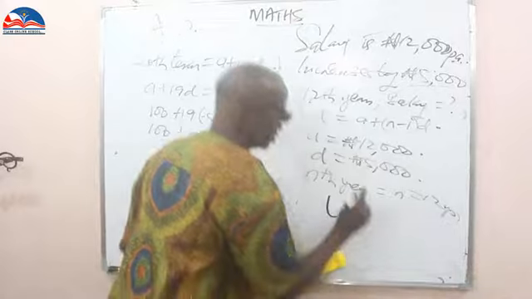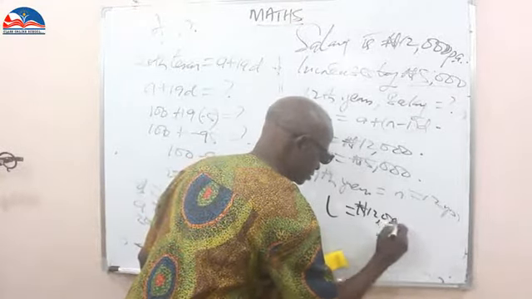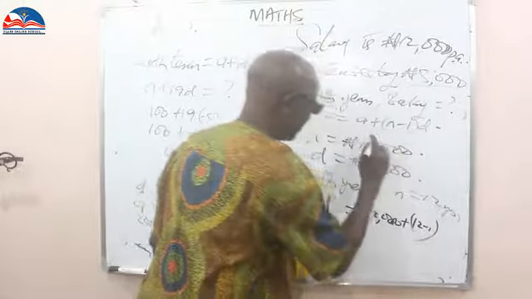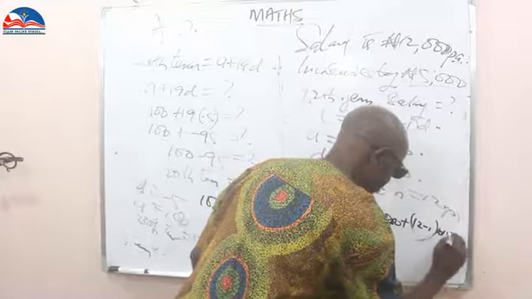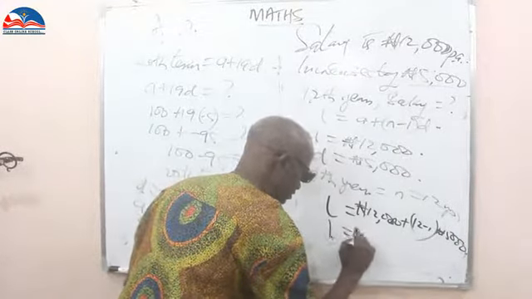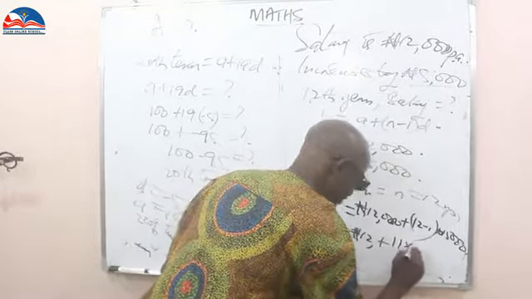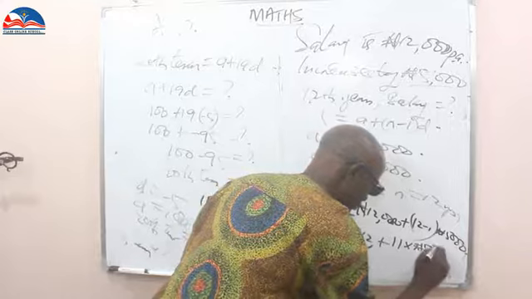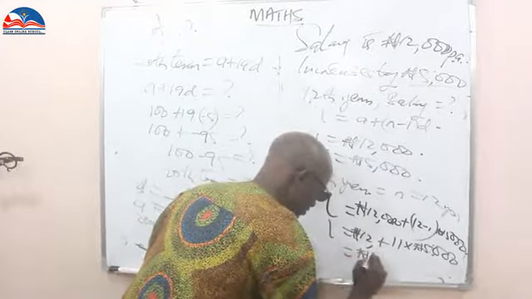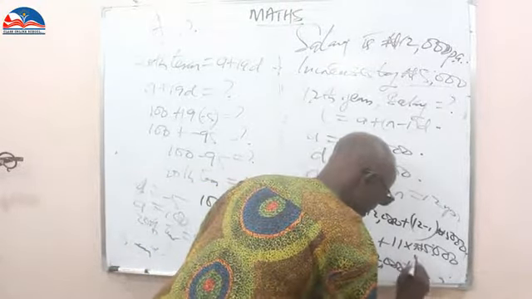Now looking at the equation, L equals what? My a is 12,000 plus n, which is 12 minus 1, times 5,000. So L equals 12,000 plus 12 minus 1, which is 11, times 5,000, which is 55,000.